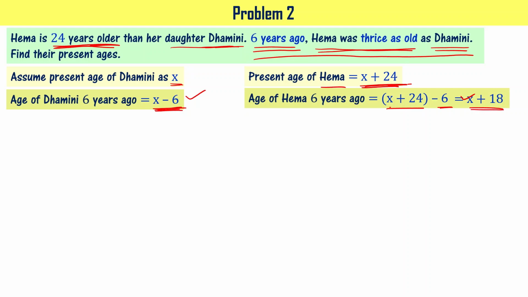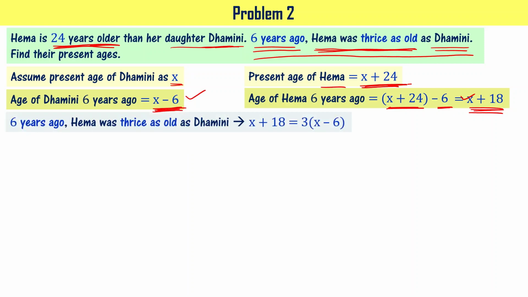X plus 24 minus 6 is x plus 18. So there is a relation between these two ages, x plus 18 and x minus 6. That relation is Hema was thrice as old as Damni.